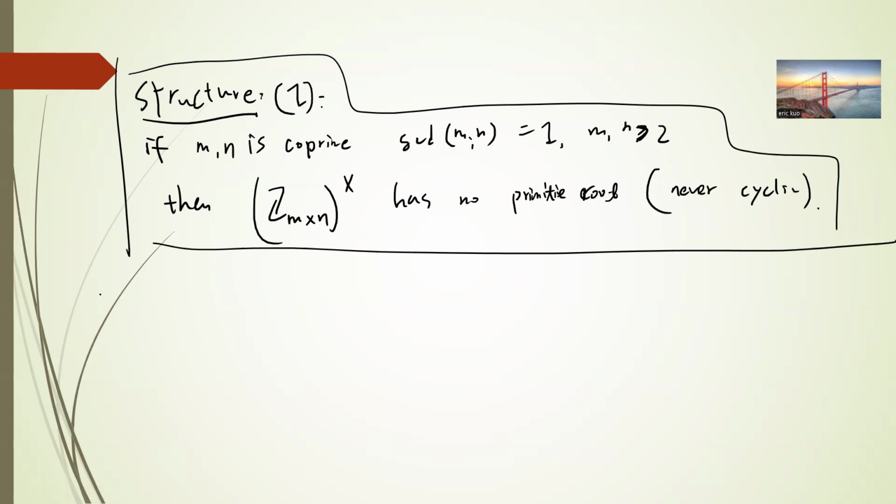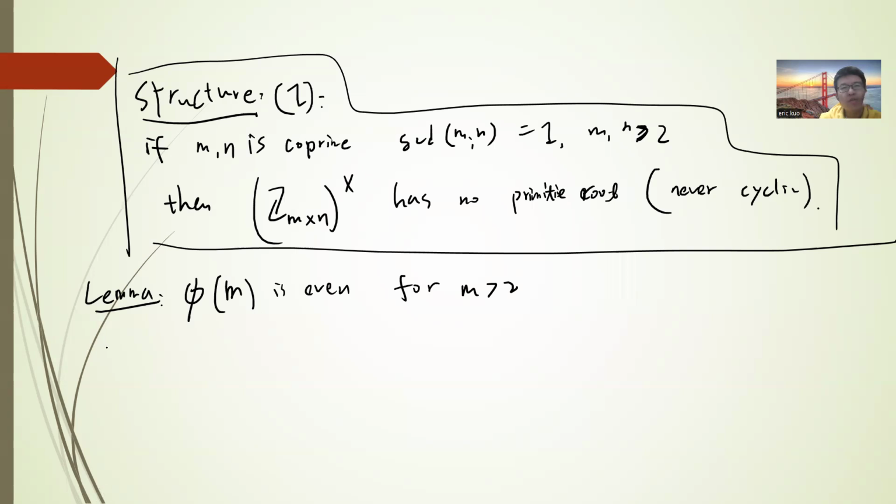There's a simple lemma that we can use. First, notice that phi(M) is even for any M greater than 2. Why is this the case?